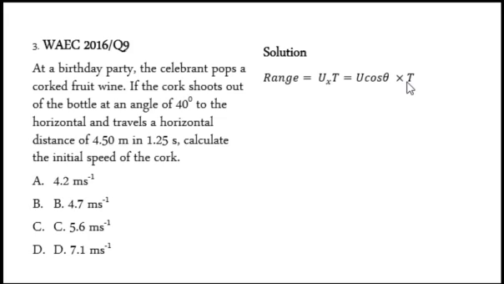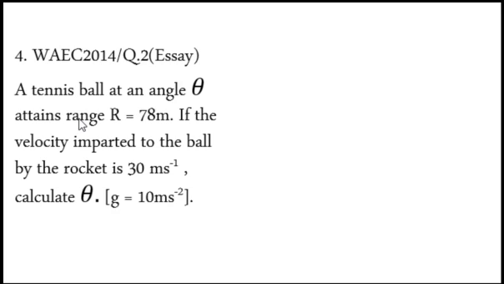By the time you solve it, cos 40 degrees times 1.25 is going to give you 0.9576 u. Divide both sides by 0.9576. You have u equal to 4.5 over 0.9576, and that will give you 4.7 meters per second. Correct option is B.